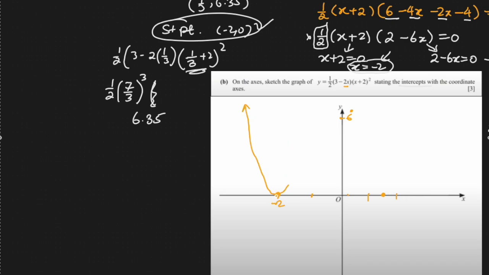Okay, and because this is a stationary point, we'll go back and we will pass through 6. Then stationary point is again at 6.35, and then we will come down through this. This is the sketch of the graph where we have taken care of every point.